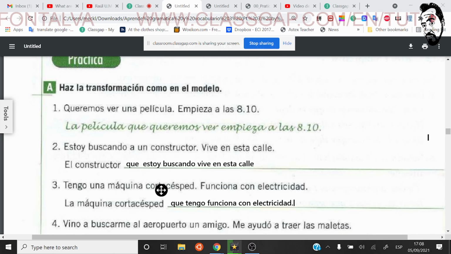So it's all about if you know the existence of the thing or the person you talk about. So in this case, I'm talking about my own lawnmower. Of course, I'm gonna use indicative. So the lawnmower I have works on electricity. La máquina cortacésped que tengo funciona con electricidad.